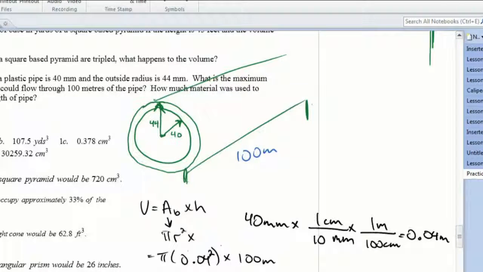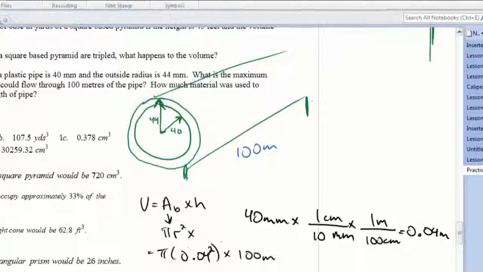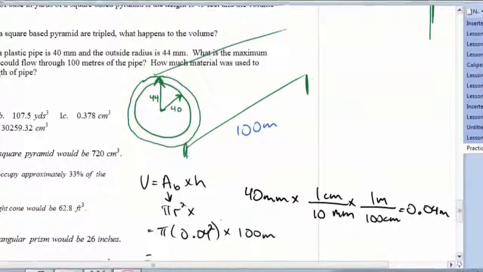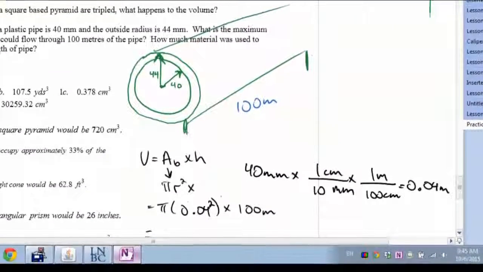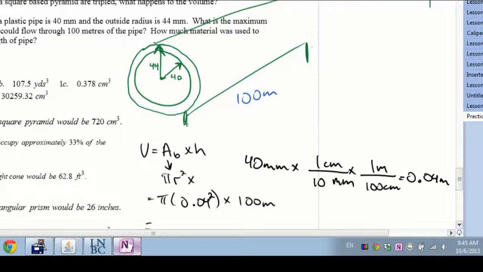So I'm going to put that in, I'm going to square it, multiply it by pi, and then multiply it by 100. And I get 0.50265 meters cubed for the water that would be able to go through there.